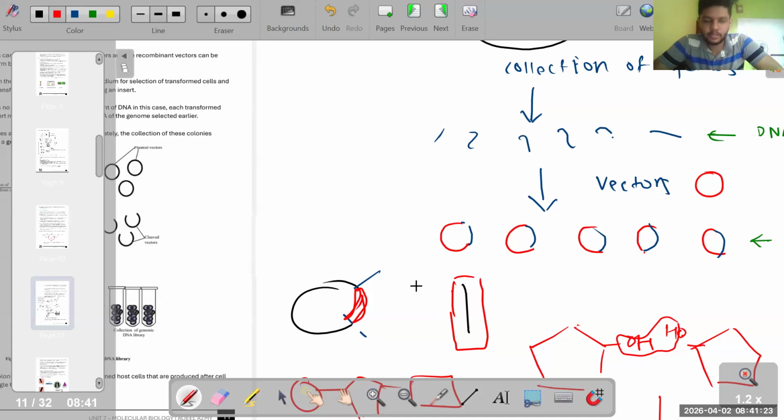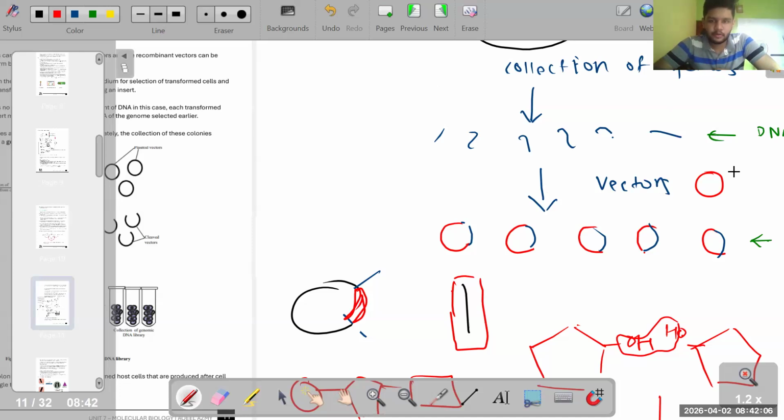DNA ligase, one, very good. Another one. No, that is a bond. Okay, I'm asking what are the two enzymes that are involved in joining these DNA fragments with the vector?